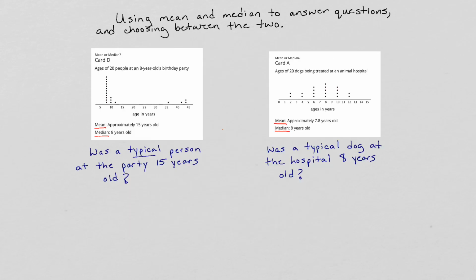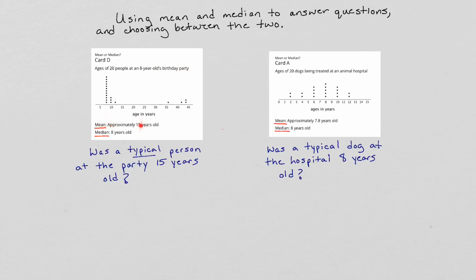Okay, this will help you with the assignment for today. We're using mean and median to answer questions based on dot plots. I think there's one histogram in there, and choosing between the two. So here's an example. We have a dot plot here that shows the ages of 20 people at an 8-year-old's birthday party.